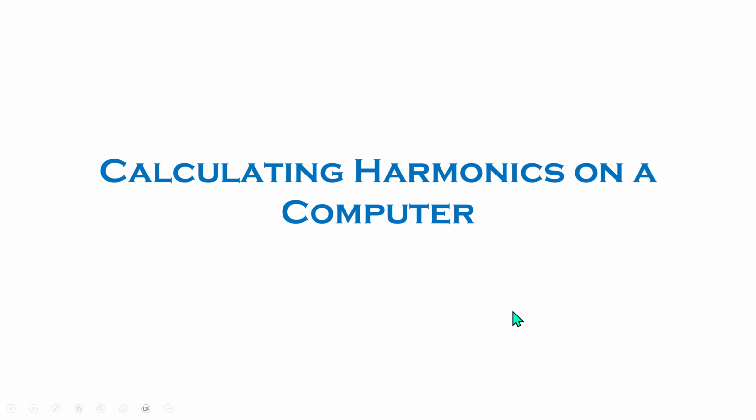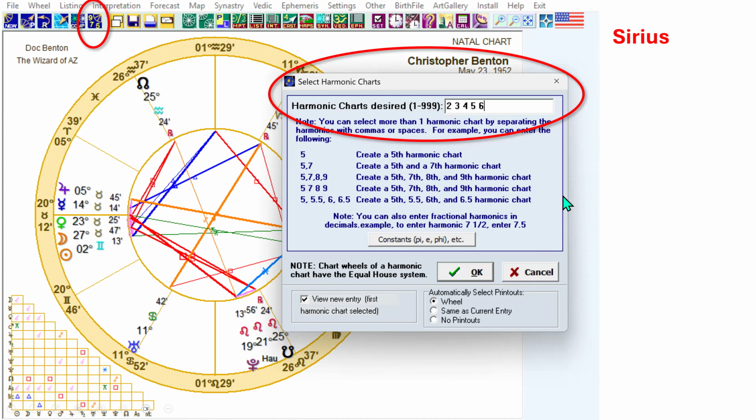Okay, now if you're calculating harmonics on a computer, well, you do it with software. If you have the Sirius software, this one is really nice because you can click a button up here, and then you can enter in several harmonics at once, click OK, and you immediately get back all of those charts.